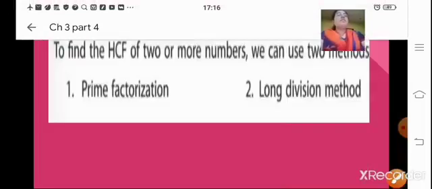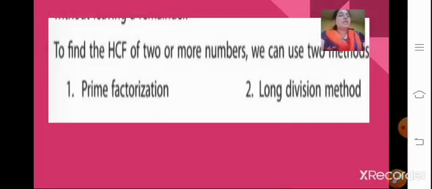To find the highest common factor, or GCD, of two or more numbers, we can use two methods. The first method is the prime factorization method and the second method is the long division method. So let us learn one by one, the first method, that is the prime factorization method.